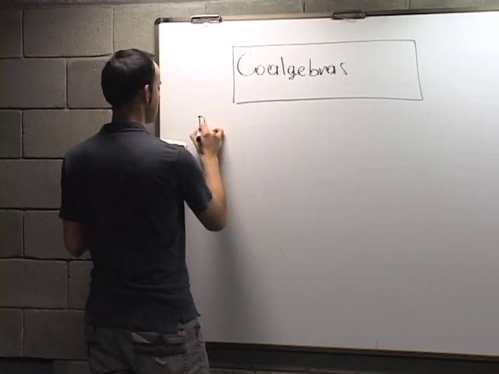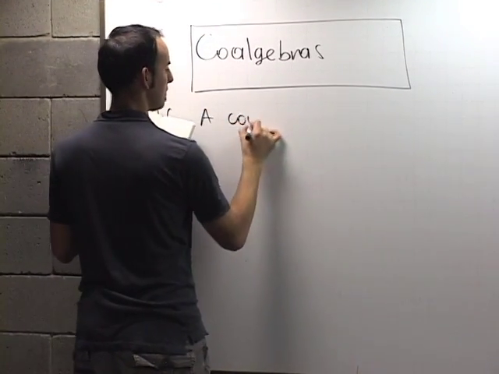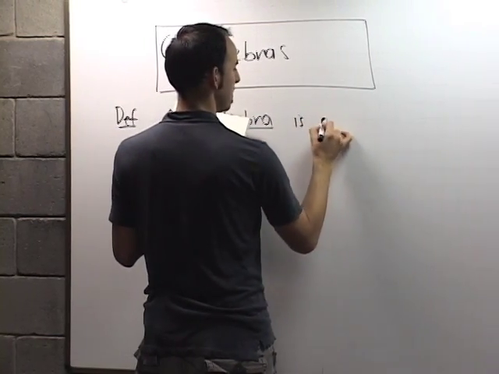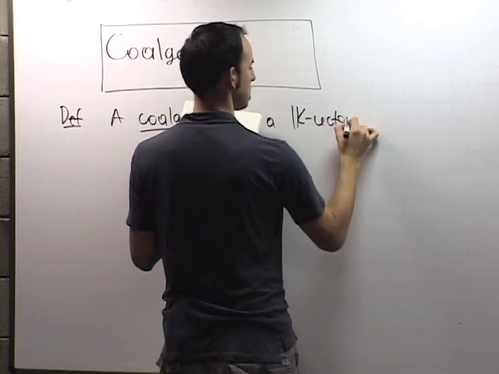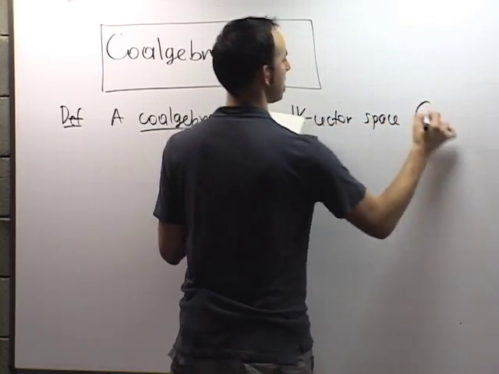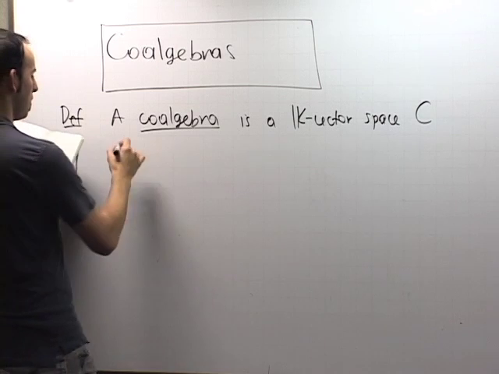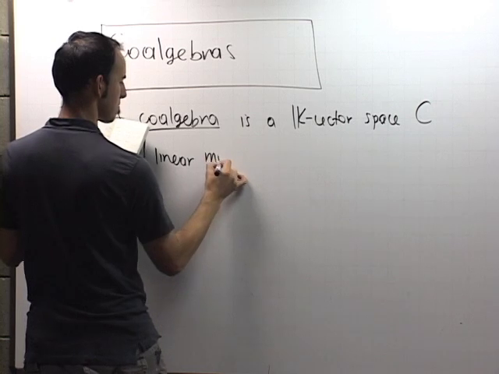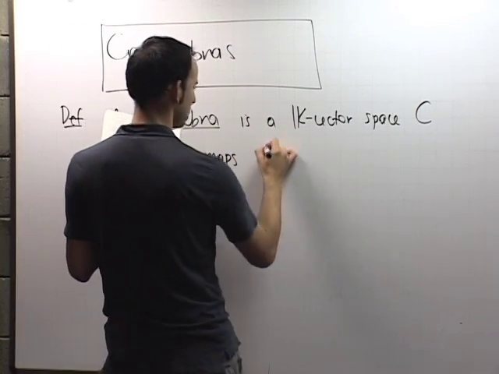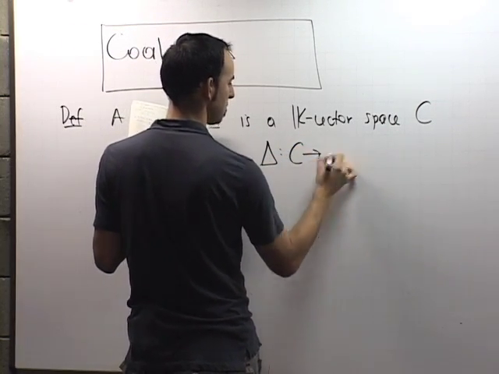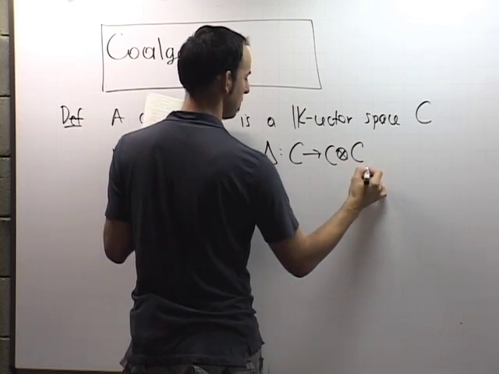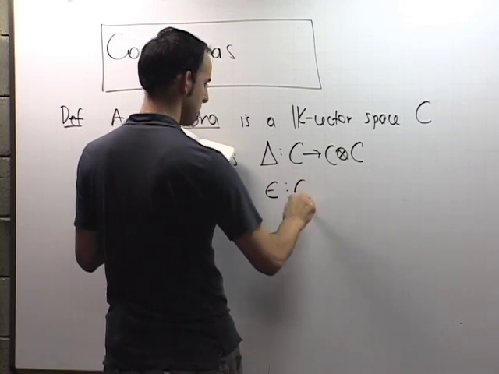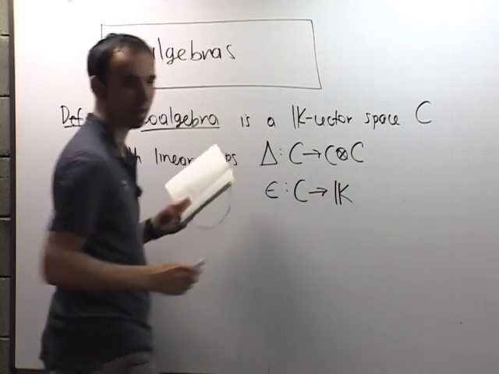So definition: a coalgebra is a k-vector space, which we're going to call C for coalgebra, with linear maps from C to C tensor C and from C to k.